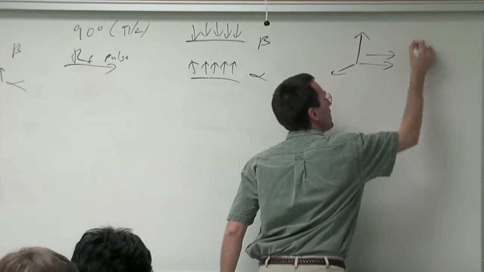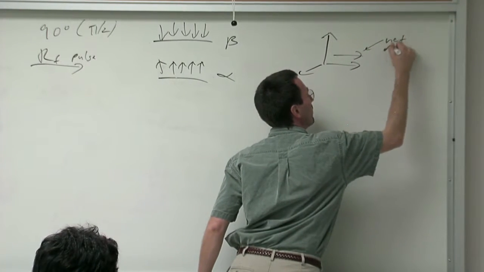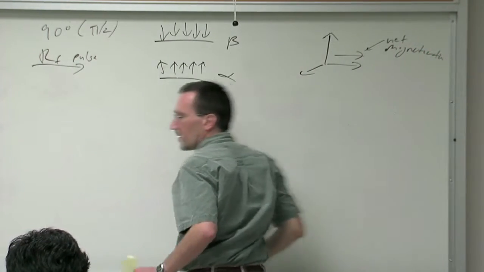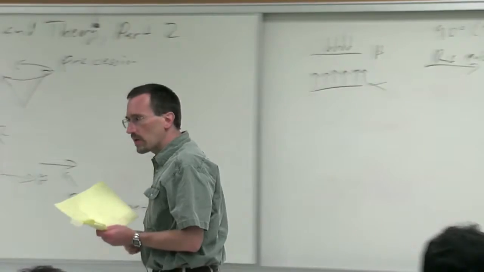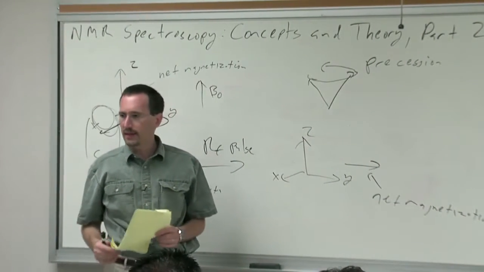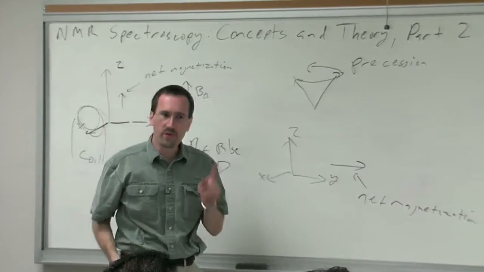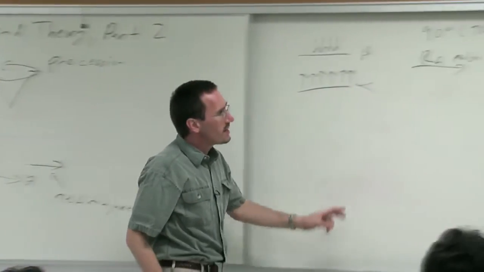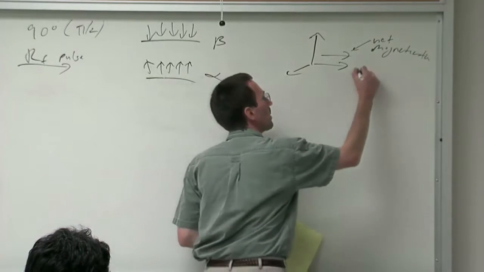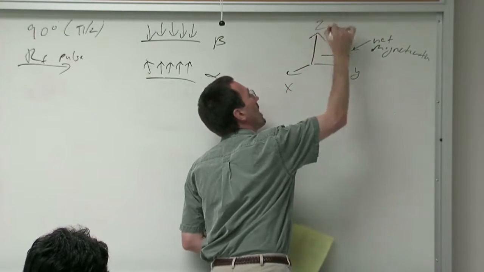In other words, here's our net magnetization. And so the key is now we have no net magnetization spin up, no net magnetization spin down. But the very important point is we have the net magnetization focused along the y-axis.